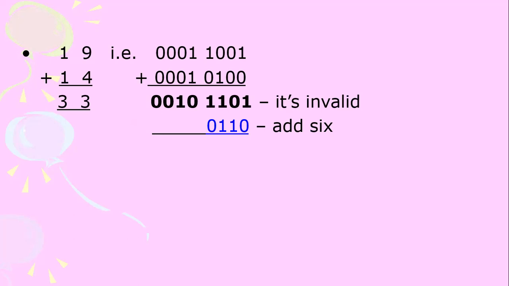When we add 6, what we get is 1 plus 0 is 1. Write down 1. 0 plus 1 is 1. Write down 1. 1 plus 1 is 0, carry 1. Write down 0, carry 1. 1 plus 1 is 0, carry 1. So 0, carry 1 plus 0. We get 0.